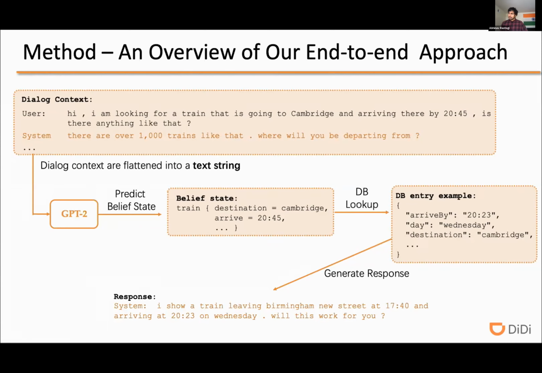At last, the system generates the final response based on all previous information. This fine-tuning strategy is relatively not novel, as many other works have used similar approaches before. But in our work, we do make some novel changes to the strategy, and it worked very well. I will describe this in detail in the next few slides.